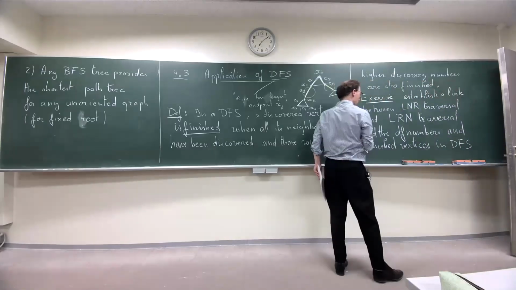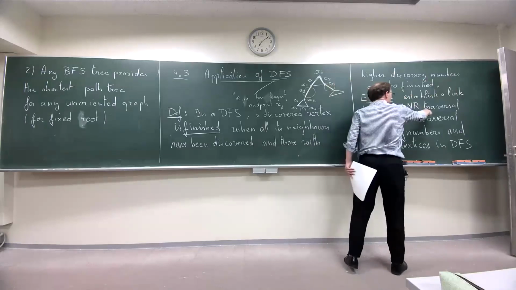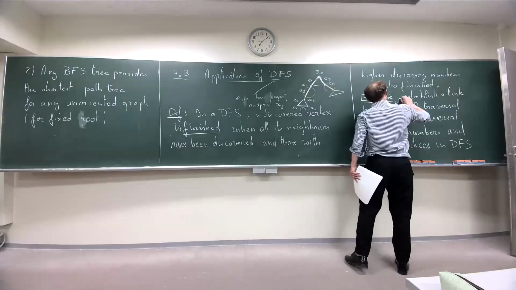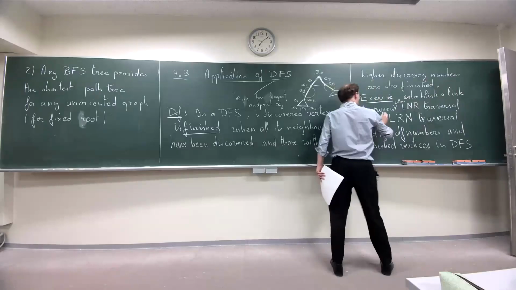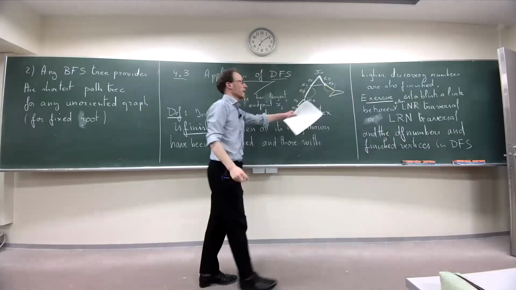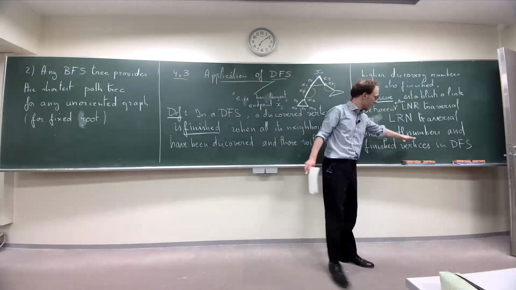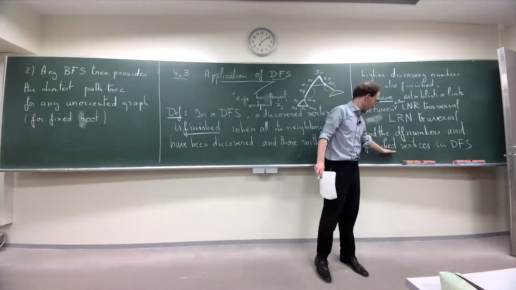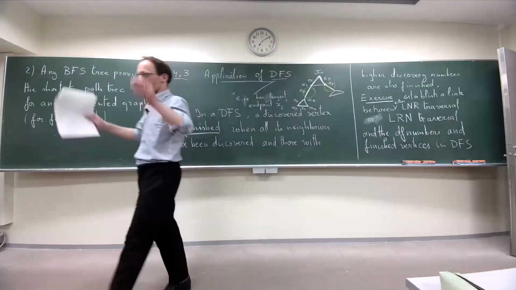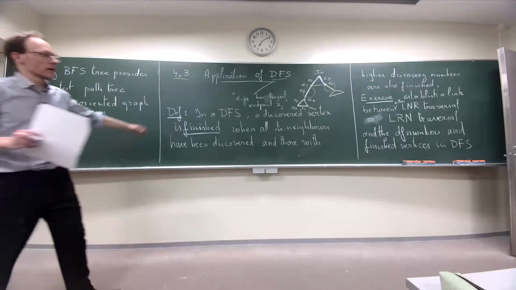So, what is it? Find a link between either this traversal or this one and the notion of DF numbers and finished vertices in a DFS. So again, it's not difficult. Draw an example, check.